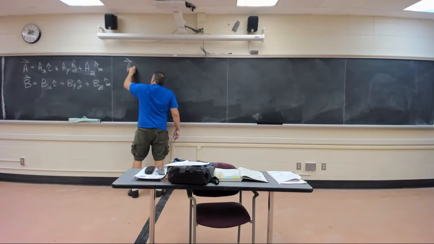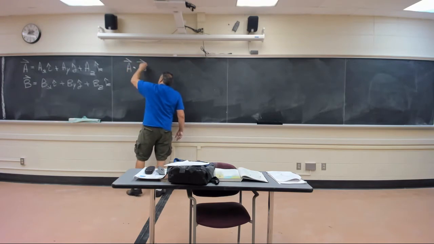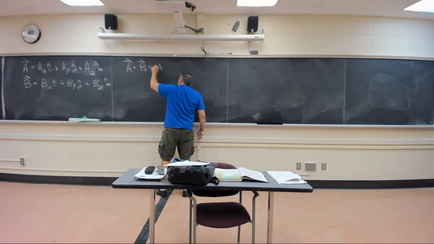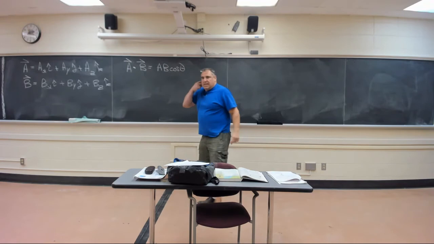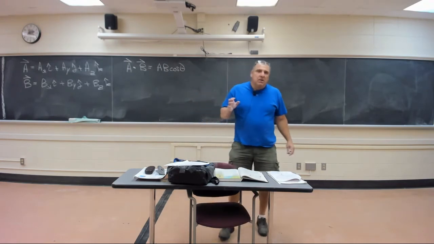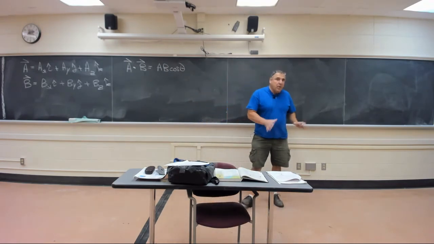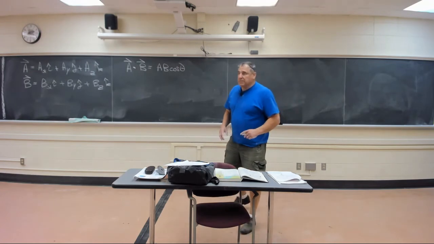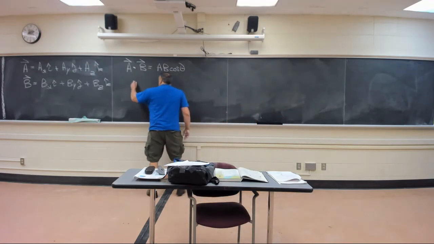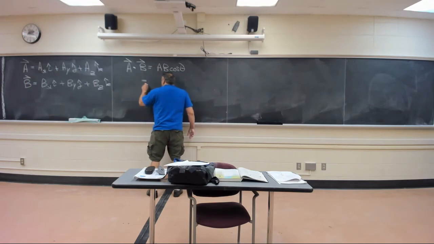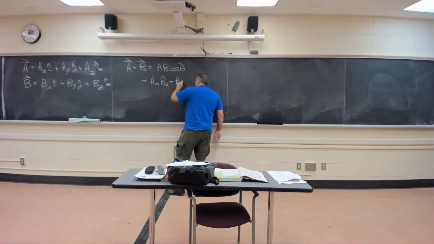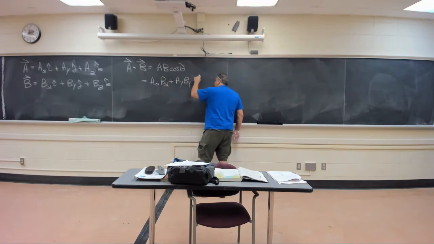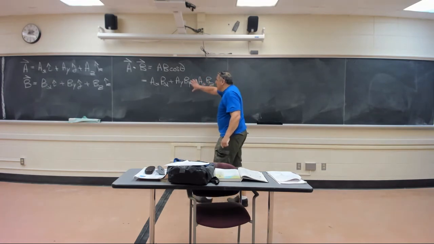We said A vector dot B vector means magnitude of A times magnitude of B times the cosine of theta, theta being the angle between the two vectors. That was equal to AX BX plus AY BY plus AZ BZ, and that's a scalar quantity.